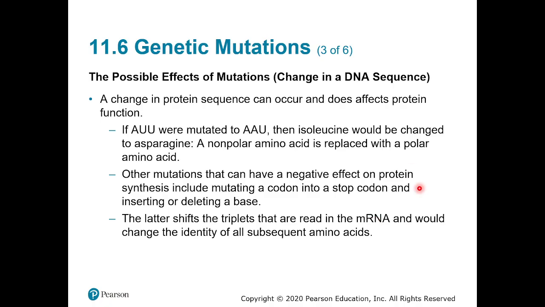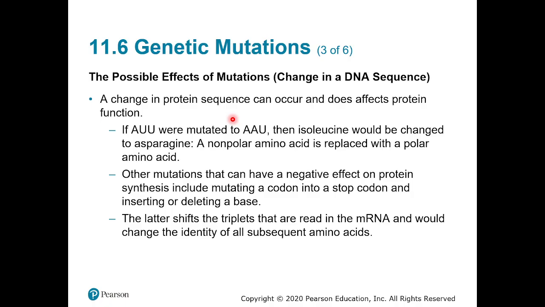Okay. So this is going to be a change in the protein sequence that can occur and does affect protein function. And so, again, this one's not going to actually be silent in this case. It's going to have an effect. So, for example, if we mutate AUU to AAU, then the isoleucine would be changed to asparagine.